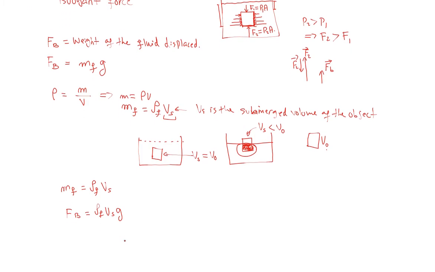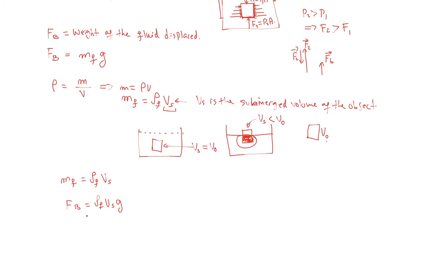Okay, so this is the important equation for buoyant force. Buoyant force equals the density of the fluid times the volume submerged times g. This is how much the buoyant force is, and the direction is upward. Always, there's no exception. This buoyant force is always against gravity, or upward. Okay, and its magnitude is given by this equation.